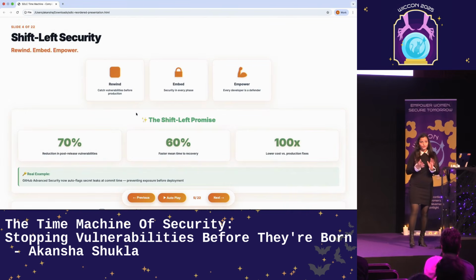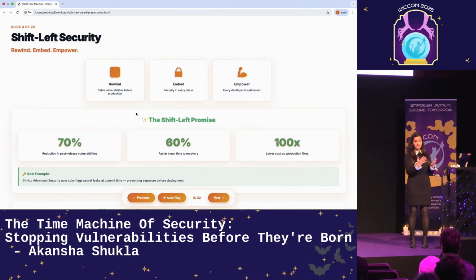Okay, so what do you do, how do you do it, and what is this fancy word everybody is talking about? Let's see what shift left is exactly. As a security professional, I hope some of you are already talking about shift left and DevSecOps, but what is it and how do you do it? It has three key pillars. First, rewind, go back and make it a secure culture, embedding security.